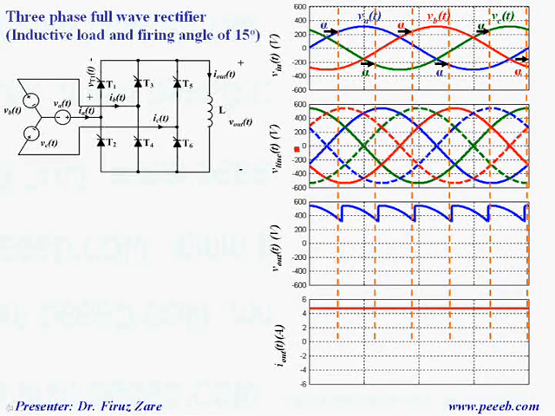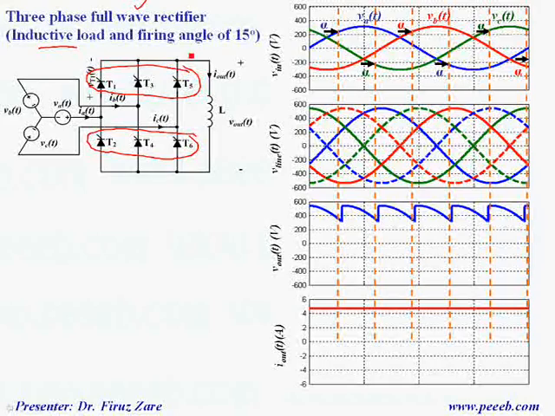So now we can analyze a three-phase full-wave rectifier with an inductive load. Similar to a resistive load, we have two sets of thyristors, an upper group and a lower group, in which the upper group provides positive voltage at this terminal and the lower group provides negative voltage at this terminal.